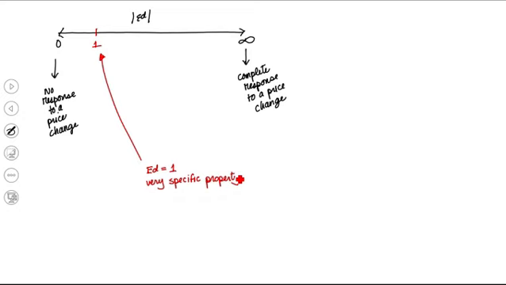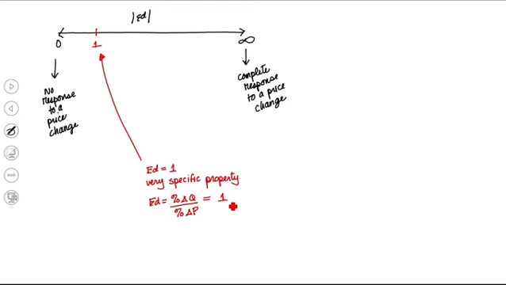Let's write our equation out. Percent change in quantity over percent change in price. If that's equal to 1, then what can we with certainty conclude? What do we know about the numerator versus the denominator? They have to be the same, right?